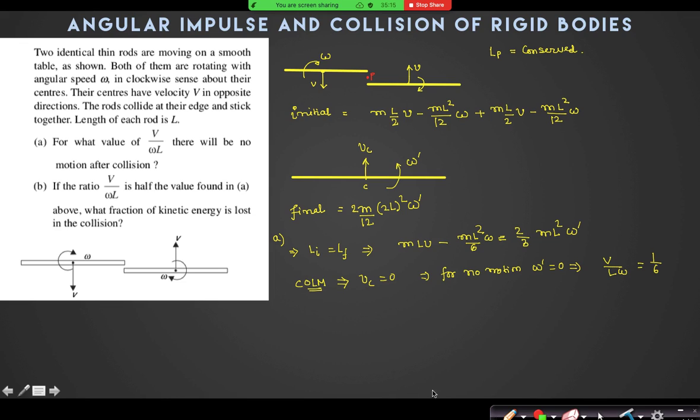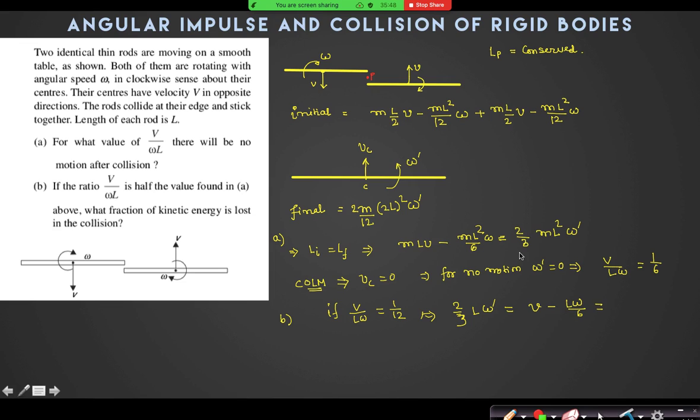Now the second question says, if it is half of that, means if V by L omega is equal to 1 by 12, then from this equation only I can say 2 by 3 L omega prime is equal to V minus L omega by 6.